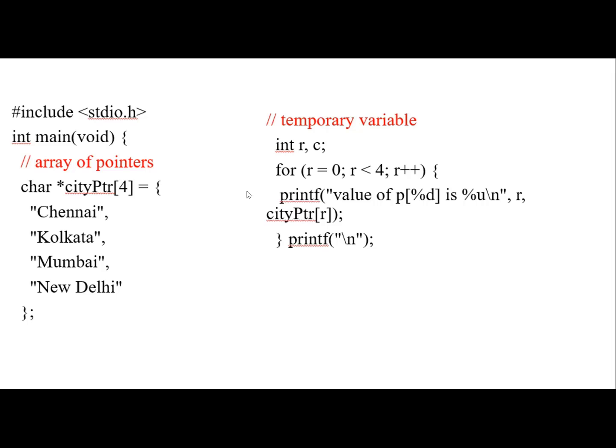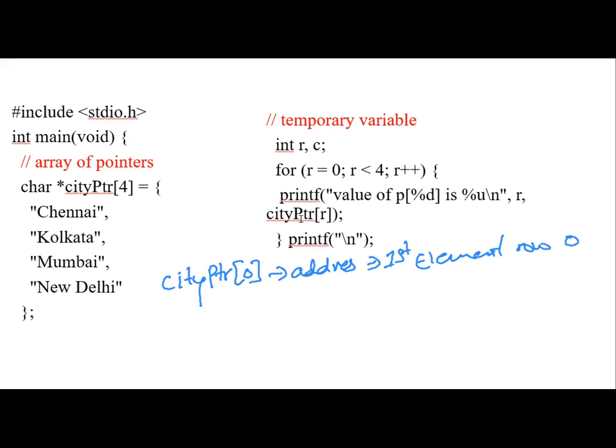When we write ctptr of 0, it will point to the first element. ctptr of 0 is the address that points to the first element of row 0. So that means this one will point to C.